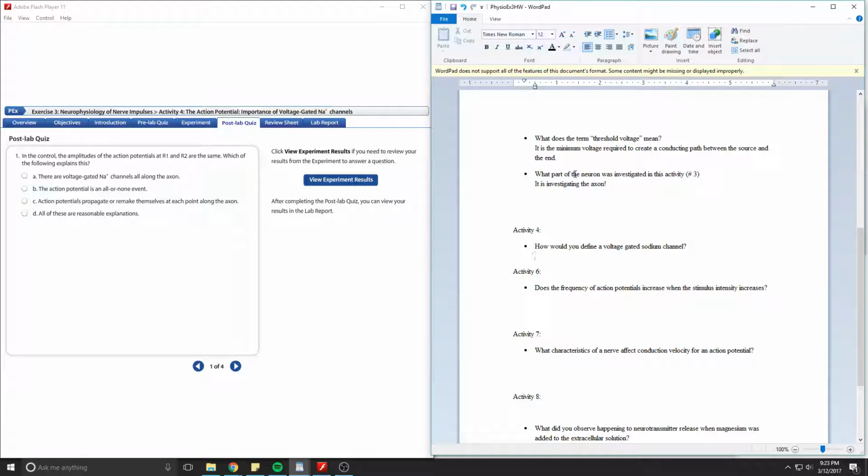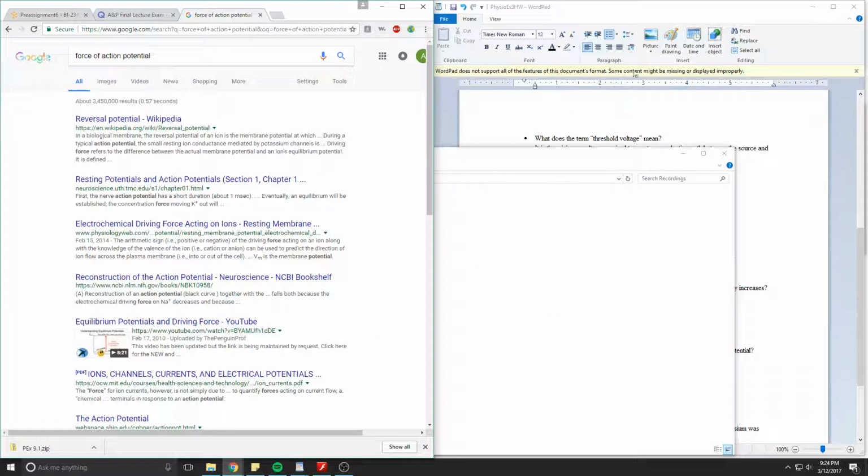This is a sodium channel that can only be opened through a voltage stimulus. That's my guess. To be honest, I'm really not sure if that's correct or not.